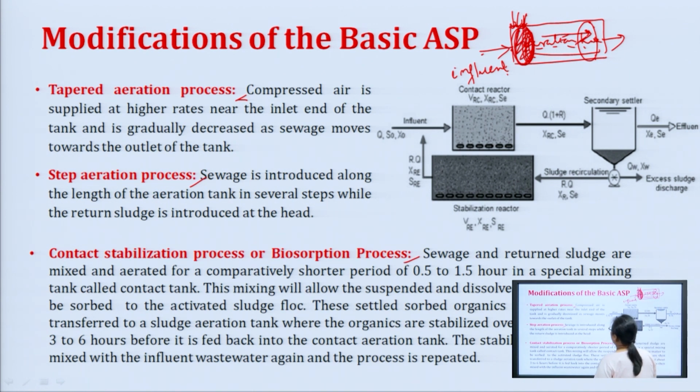So what is happening is that यहाँ क्या करते हैं आप जो है compressed air is supplied at higher rates near the inlet. So, instead of supplying air at the same rate, you are supplying air like this.